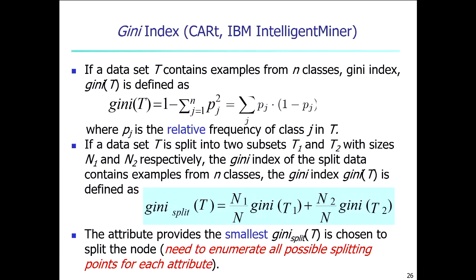Okay, then of course we can be right, we can be wrong. Then Gini index measures the probability that we make the wrong label when we do such a thing.